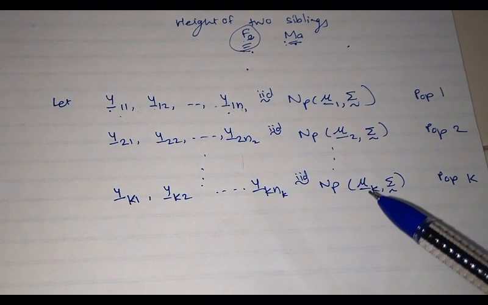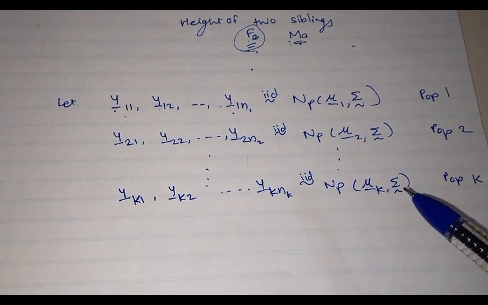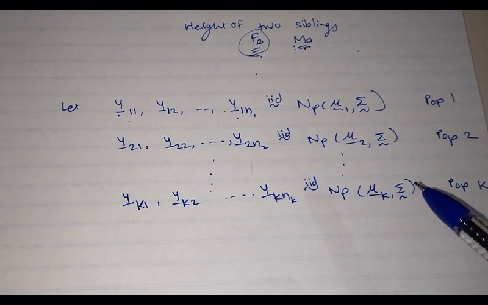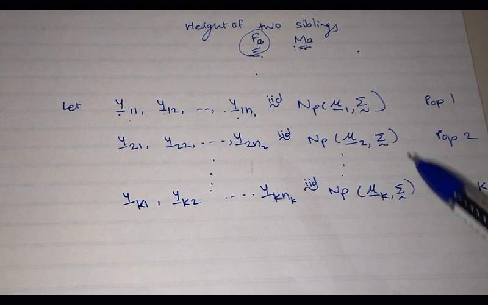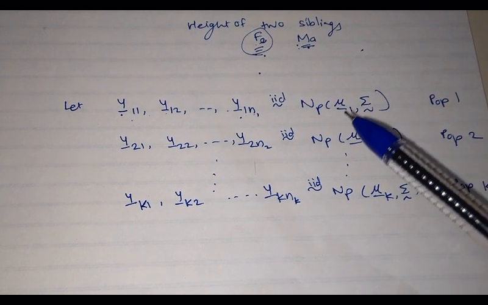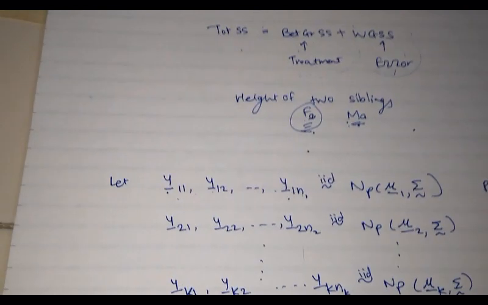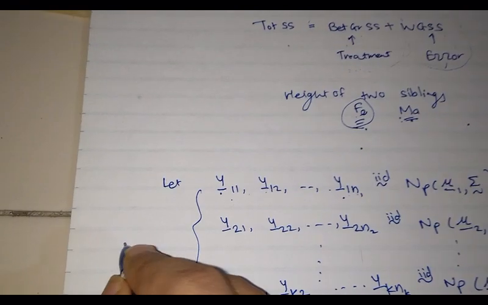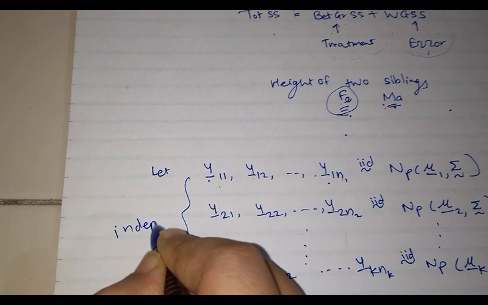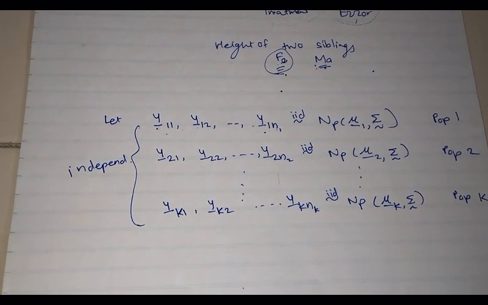Each population can have a different mean, but we are assuming that the variance is the same. This is exactly what we do in ANOVA. In ANOVA also, my underlying assumption is that each population has a normal distribution. The mean can be different, but the variance has to be the same. And we further assume that all these populations are independent of each other.